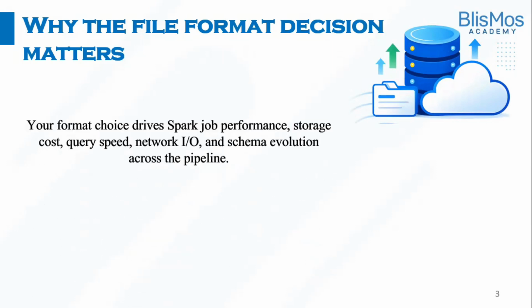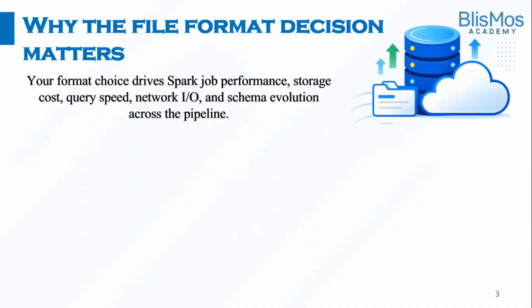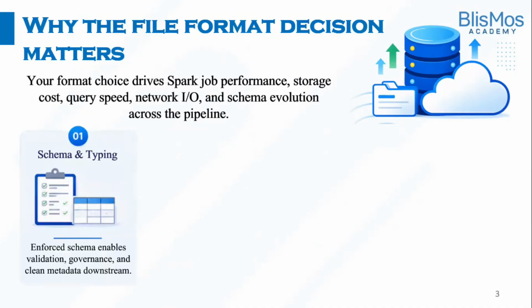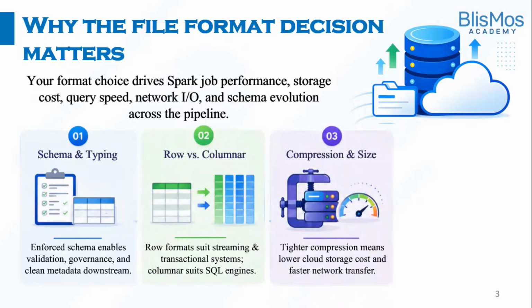On the other hand, the right format can significantly improve query performance and reduce storage cost. So your file format can affect things like Spark job performance, storage cost, query speed, network input output, and even schema evolution. That's why this is not just a file storage decision, it's a data engineering design decision.